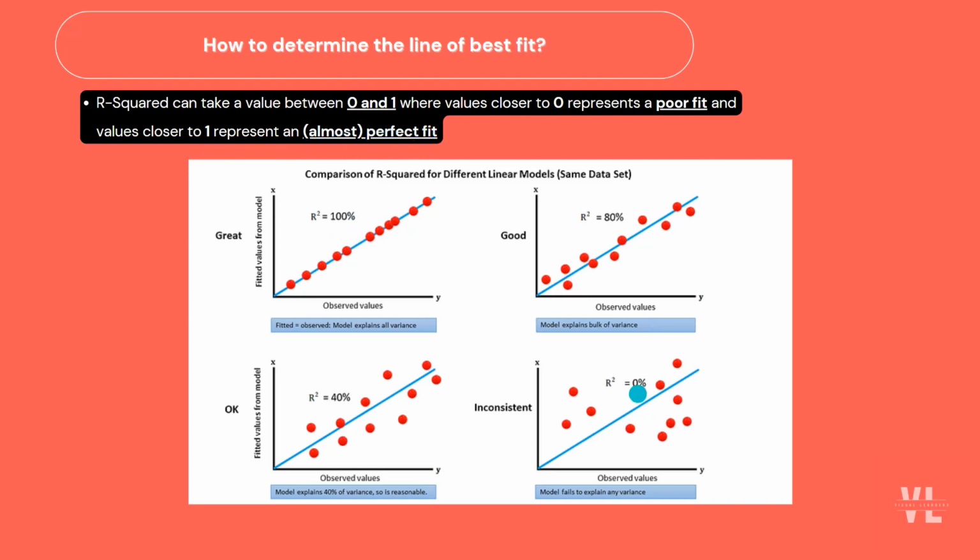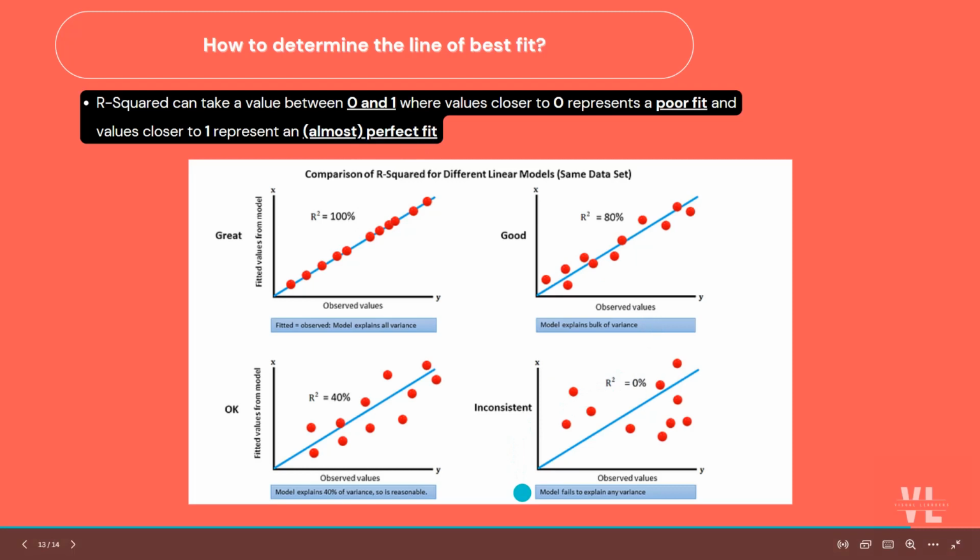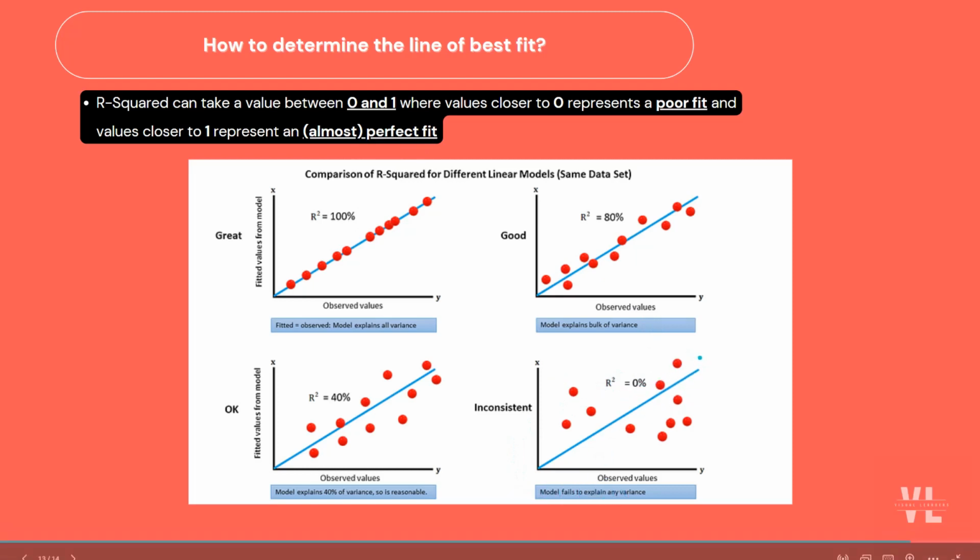If you have an R squared value of 0%, that means the model fails to explain any variance. The primary purpose of the R squared function is just to evaluate the variance between the data points, and an R squared value of 0% is saying your model is failing to explain the variance between the data distribution.